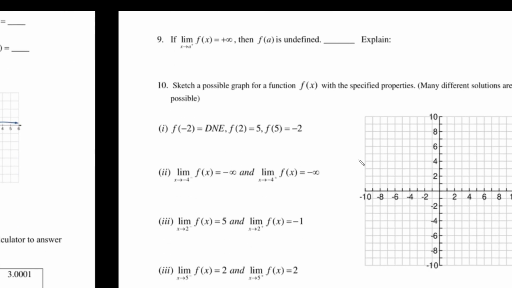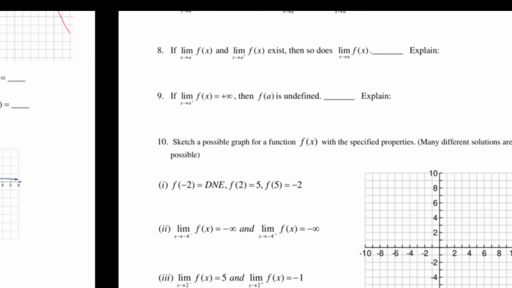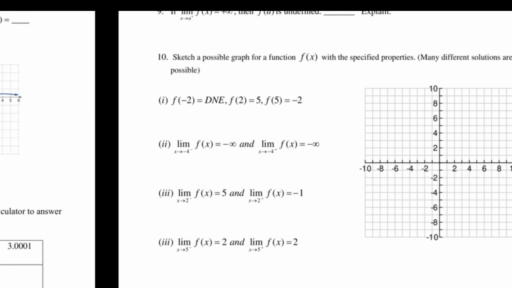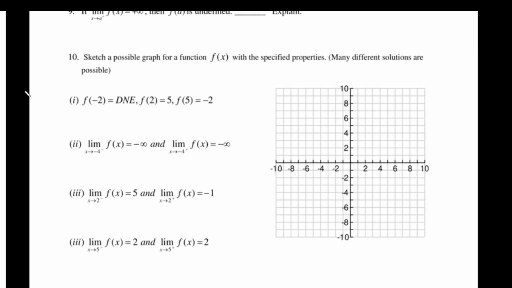All right. Then we'll sketch the possible graph for a function f of x with the specific properties listed there. Let's start with the first one. We have the function of -2 does not exist. So we'll look at -2. I'm going to pick a different color, so go with red. The function of -2 doesn't exist.